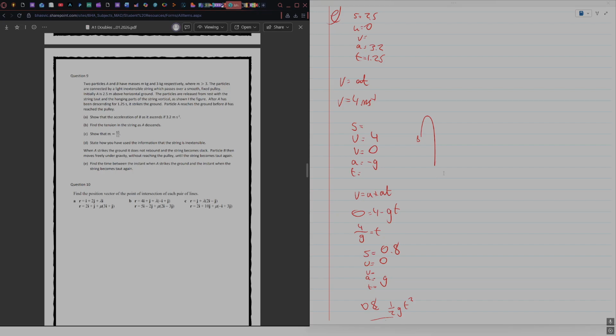And we know that when it hits the ground, it will be at the same level that it was initially.